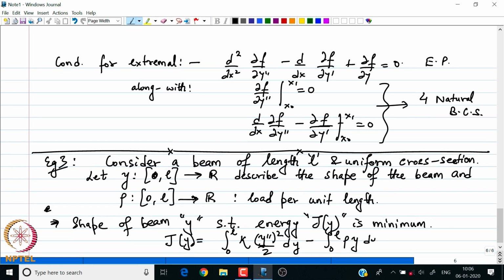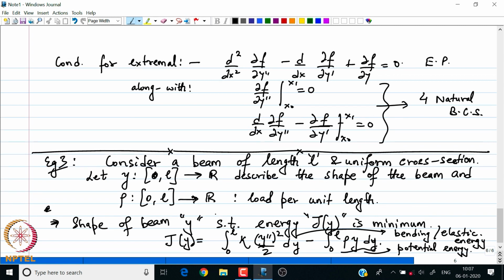The first quantity in the integral is my bending or elastic energy of the beam, and this quantity here is my potential energy of the beam due to the load that is acting on the beam.